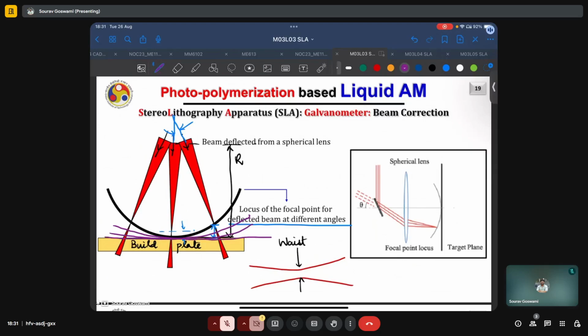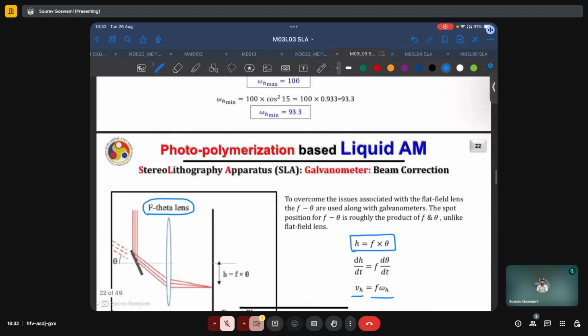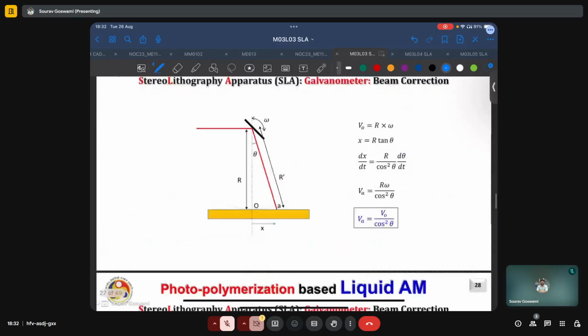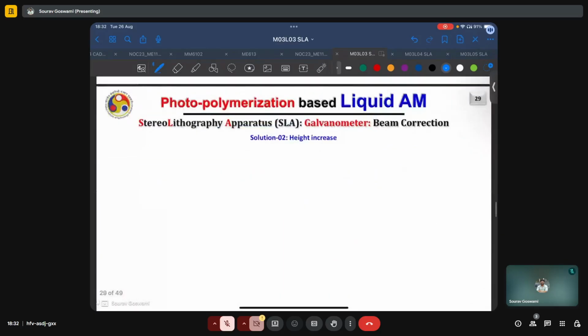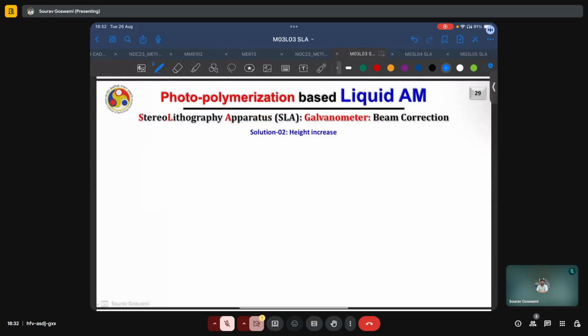So if you have a very tall column in your scanning chamber and a very large radius of curvature, what you will see is that the focal spot is always almost incident on the build plate itself for significant distances. And so if we were to use very tall scanning chambers, or we were to increase the height of the scanning chamber, we can still affect these changes.